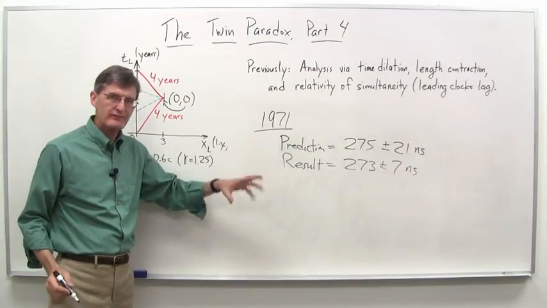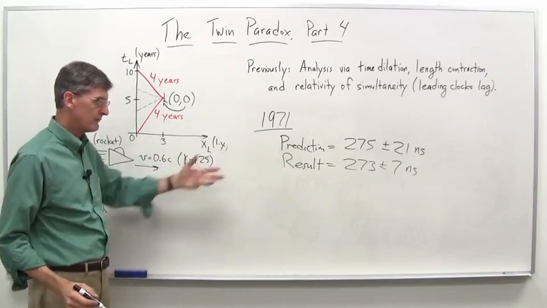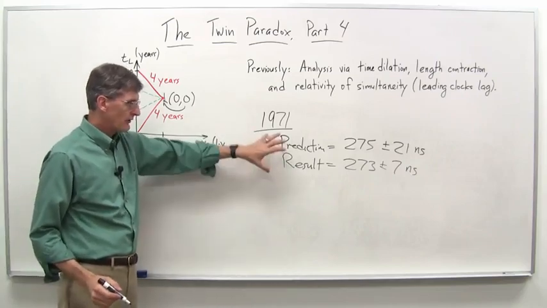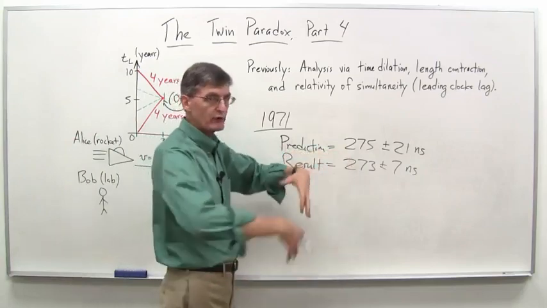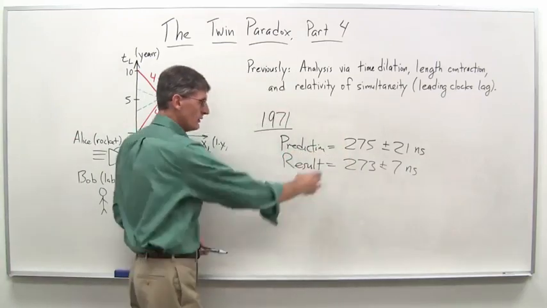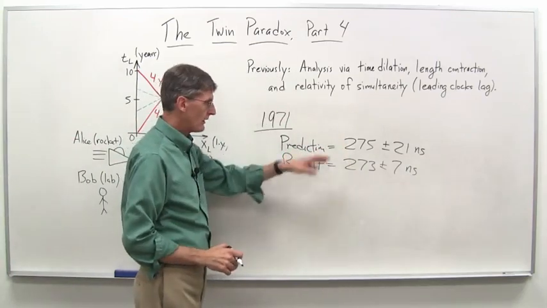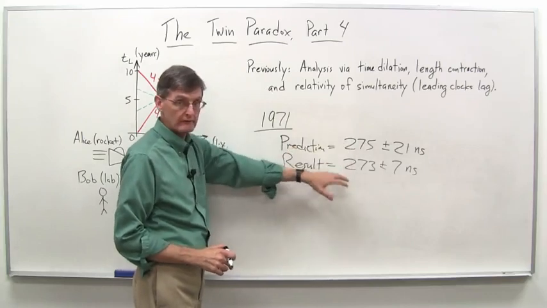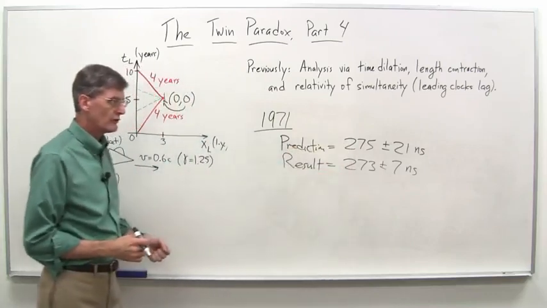So pretty close. The eastbound result wasn't quite as good as that, but they predicted the clocks that flew around would run more slowly than the clocks on the ground by this amount, and the experimental result was very close to it.